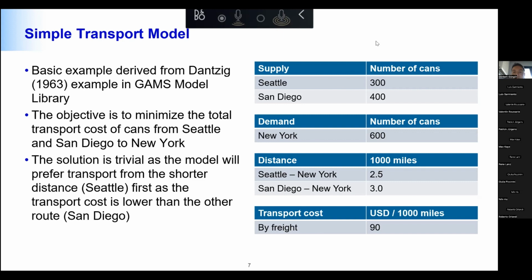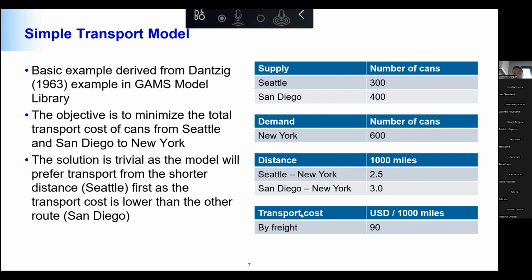And this cost of transporting canisters is based on the distances between the supply cities and the demand cities. From Seattle to New York, it is 2,500 miles, and from San Diego to New York, the distance is 3,000 miles.